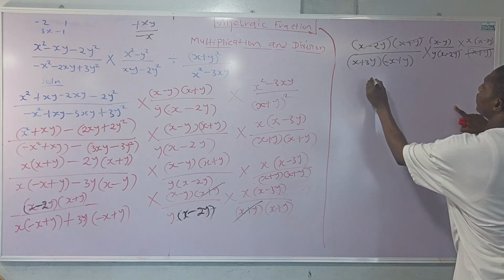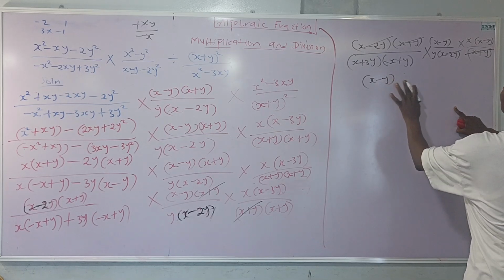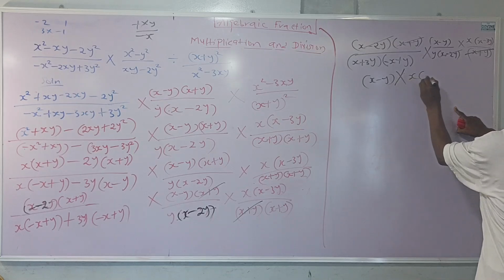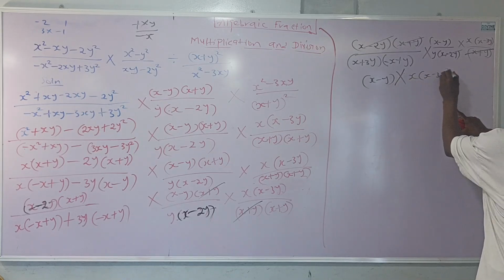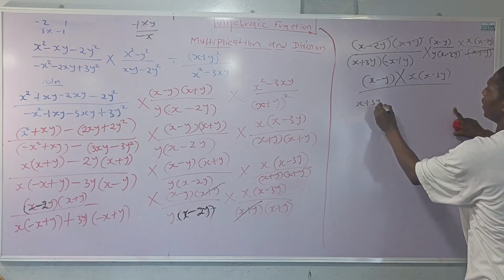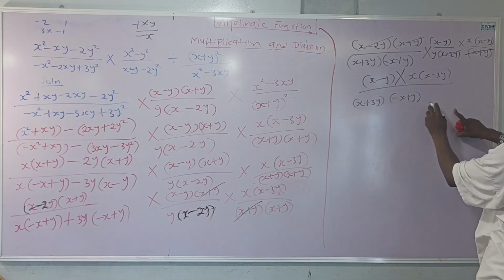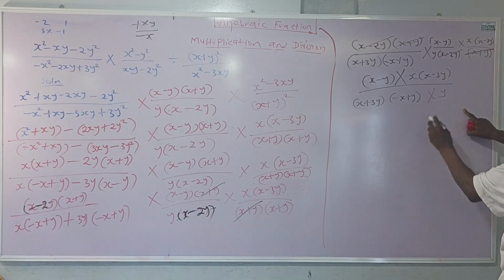So if I have my x minus y bracket times x bracket x minus 3y all over this expression x plus 3y bracket negative x plus y times y.